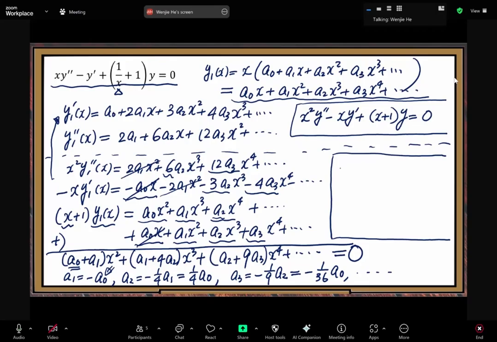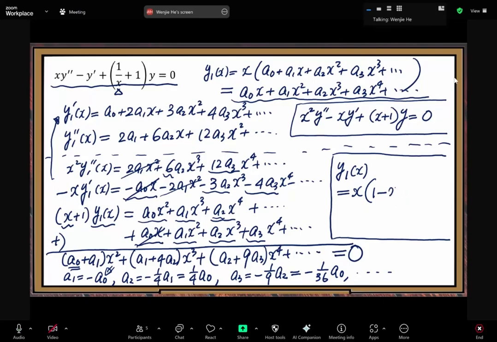The y1 solution, y1 of x equals x times 1 minus 1/4 x. Sorry, not 1. Minus, because the first is negative.